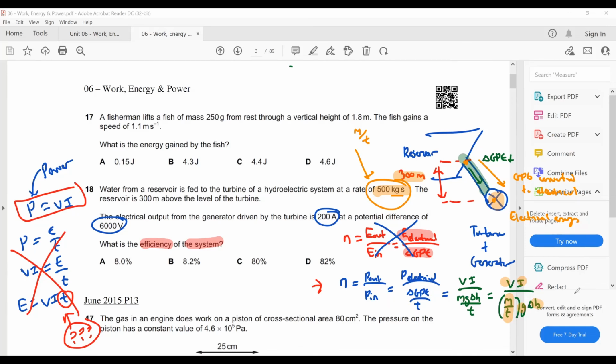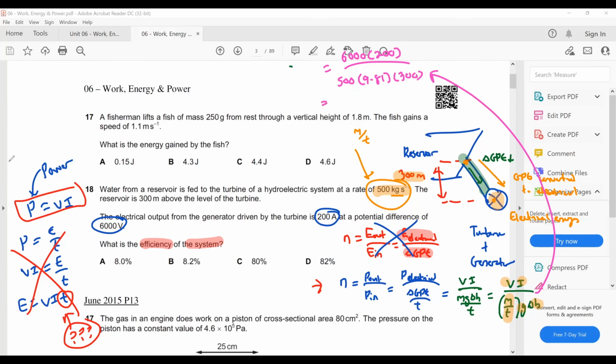So you sum in everything. Sorry, let me just write it at the top. It's at the bottom of my screen, so it's a bit hard to write. So this one will be 6,000 times 200 divided by 500 times 9.81 times 300.